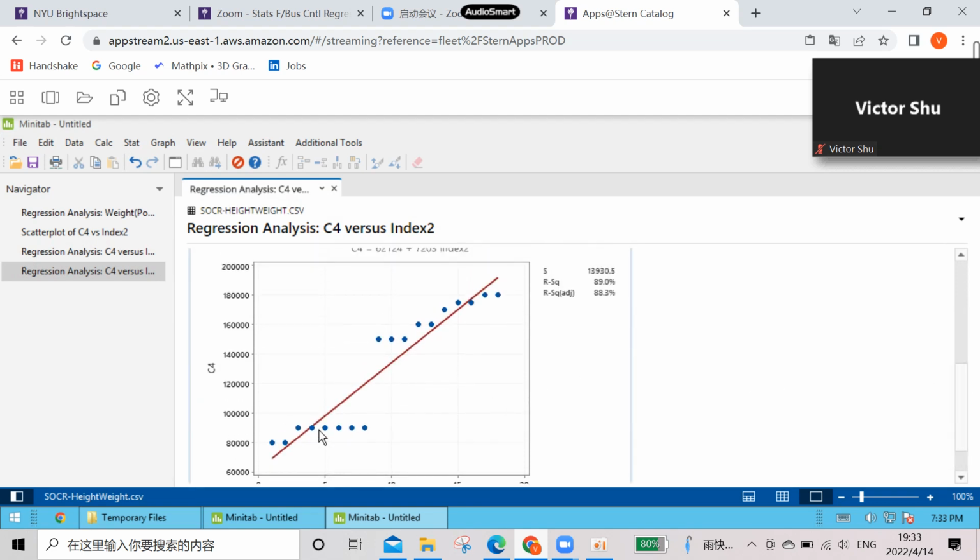But here it is still a least square line, but I would argue it's not a good model, and here's my reason. You see at row 9, row 10, row 11, row 12, row 13, row 14, row 15, I have a lot of numbers with positive residuals.